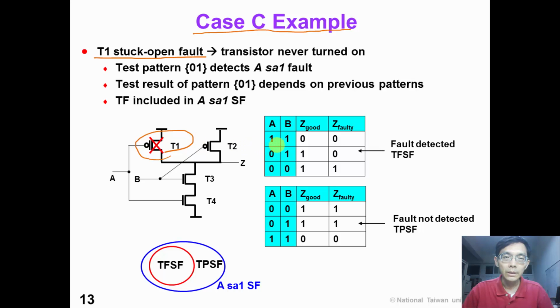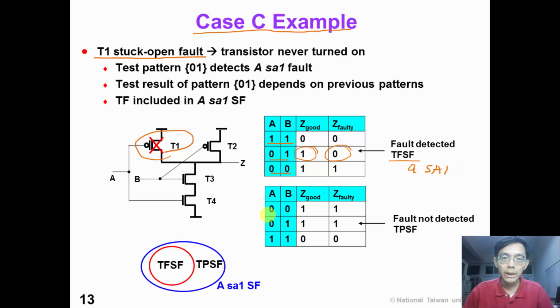If we apply test patterns 01, 01, and 00, this circuit will fail the test because the good output is 1 for the second pattern, but faulty output is 0 for the second pattern. This is a TFSF for A stuck at 1, 4.